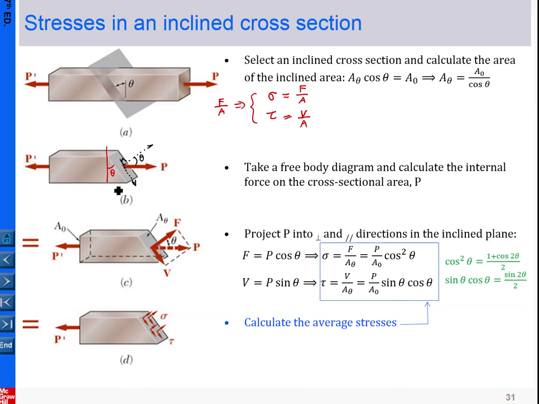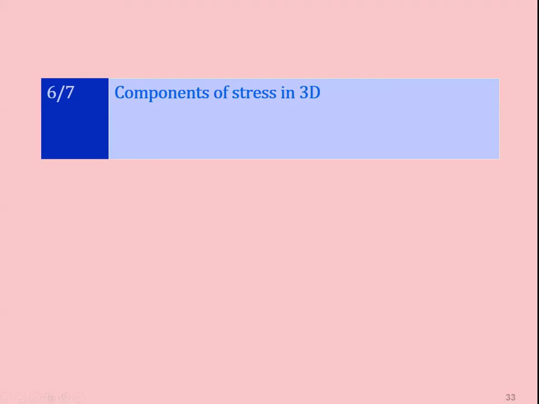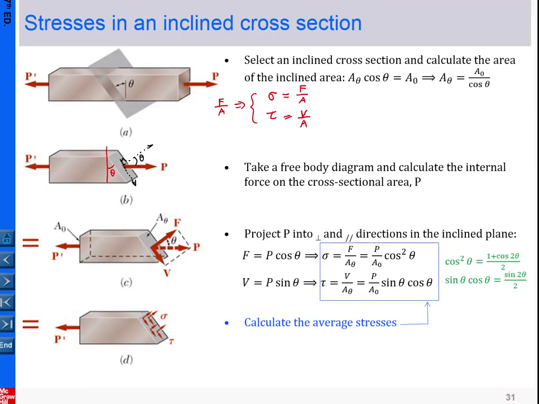Using simple trigonometry, you should be able to tell this force is normal to the surface. So we use F, and in magnitude it equals P times, using this triangle, P times cosine theta.